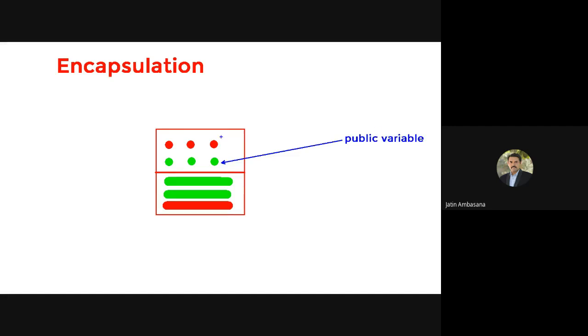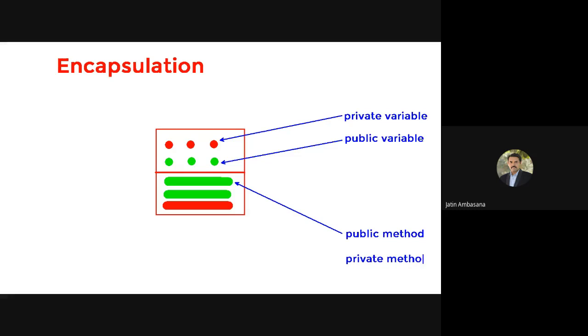Okay, and this is a private variable. Okay, and this is a public method. Okay, and then we have private methods, and then we have a private method.